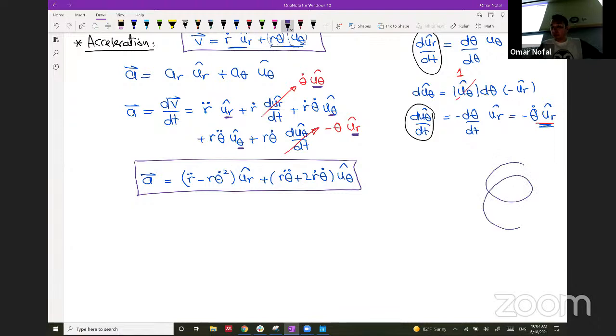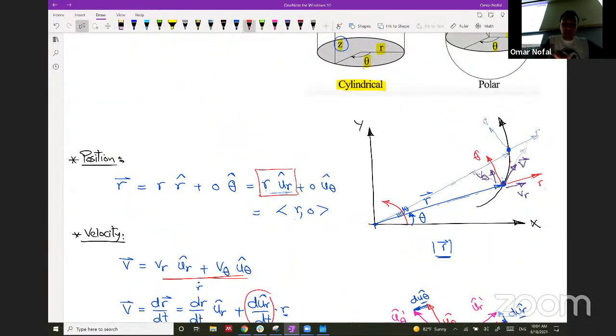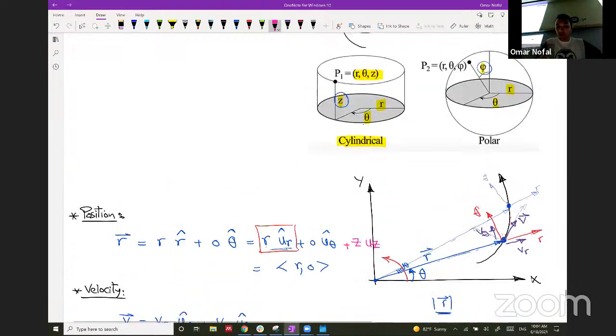And actually, if you want to solve, let's say there is a playground that has a spiral slider and a kid is moving like this, you can add a z term to all of these equations. So you can add plus z in the direction of u_z, because the z direction is a linear direction.